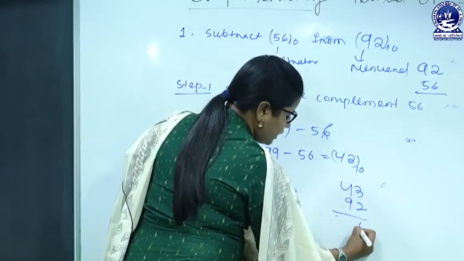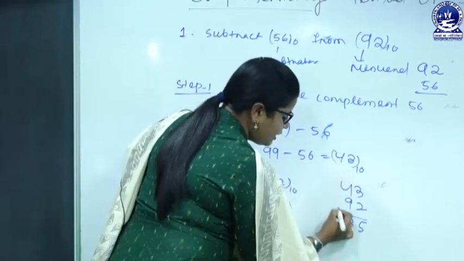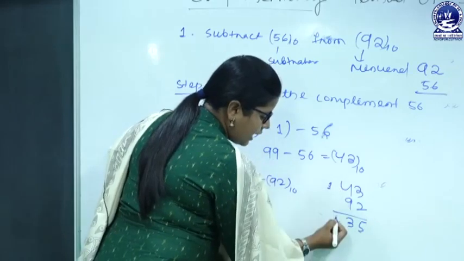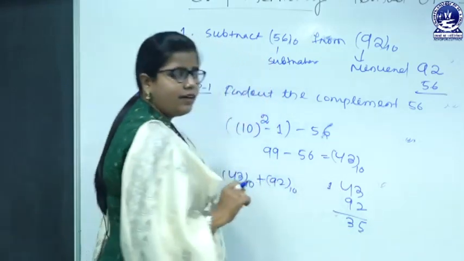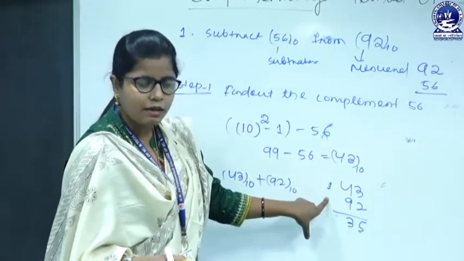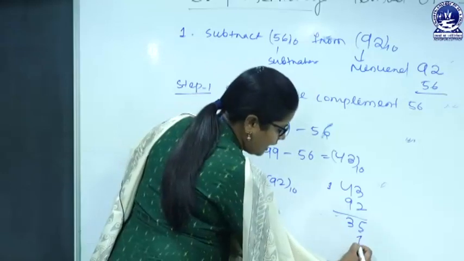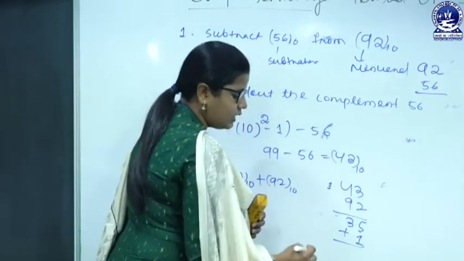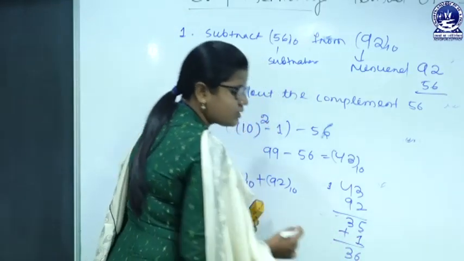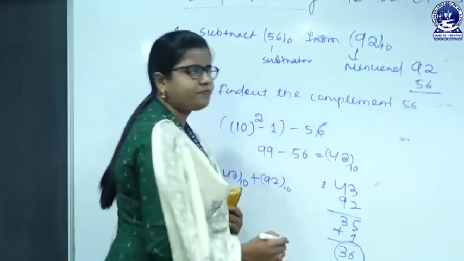So 3 plus 2, that is 5. 9 plus 4, that is 13, so 3 with carry 1. That carry will come where? We have to take this carry and add it with the result. So 1 will get added here. This is step 3. So what is it now? 36.